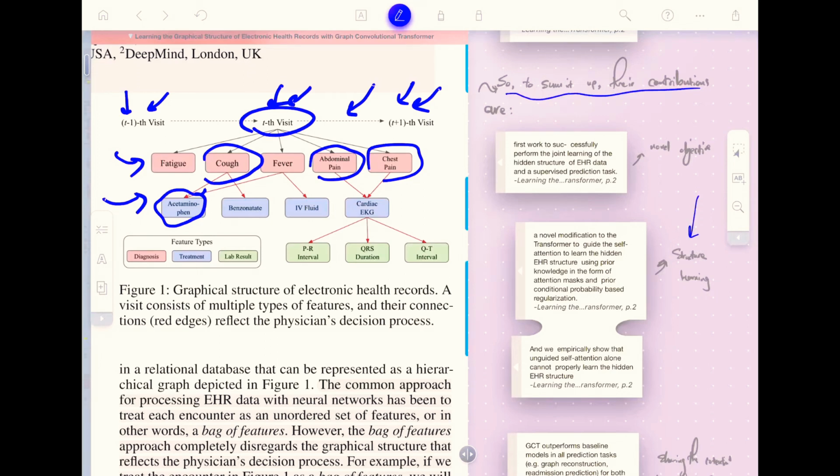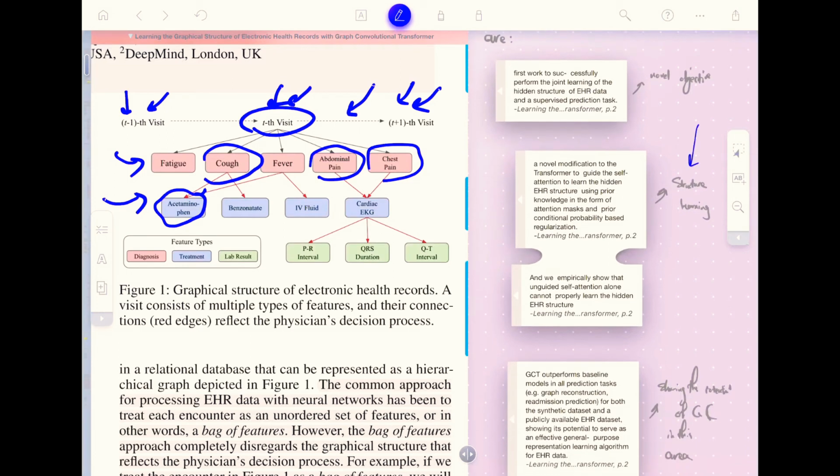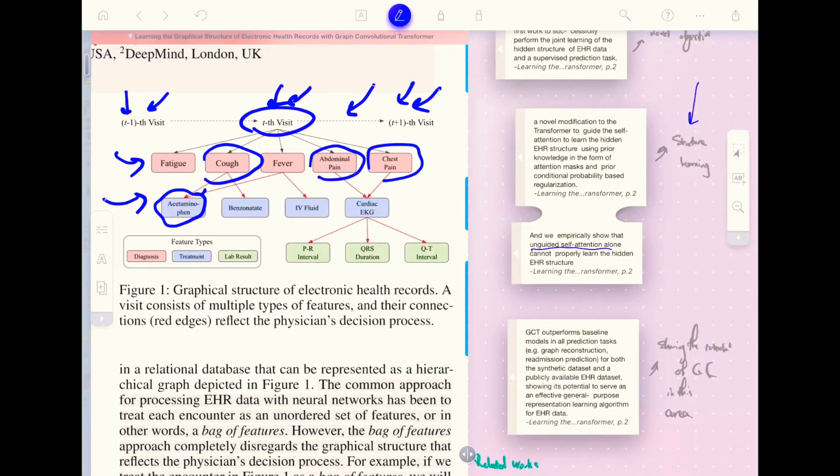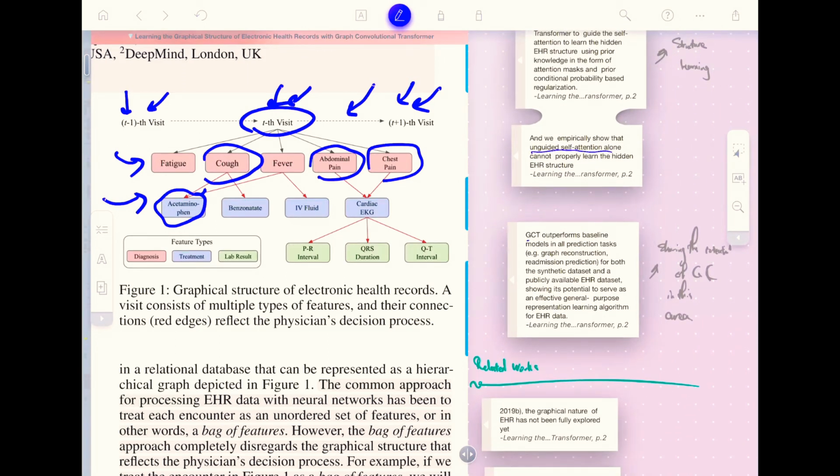In this work, they try to utilize the transformer and combine it with some prior knowledge as well in order to enhance the classification. And they show that unguided self-attention alone cannot properly learn the hidden EHR structure. The graph convolutional transformer is the model that they propose, and it outperforms all the different models in almost all of the tasks, indicating that it's a very good architecture for learning EHRs.